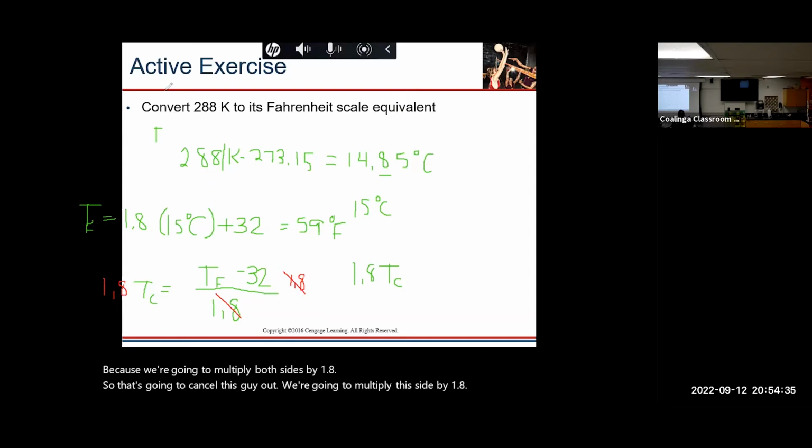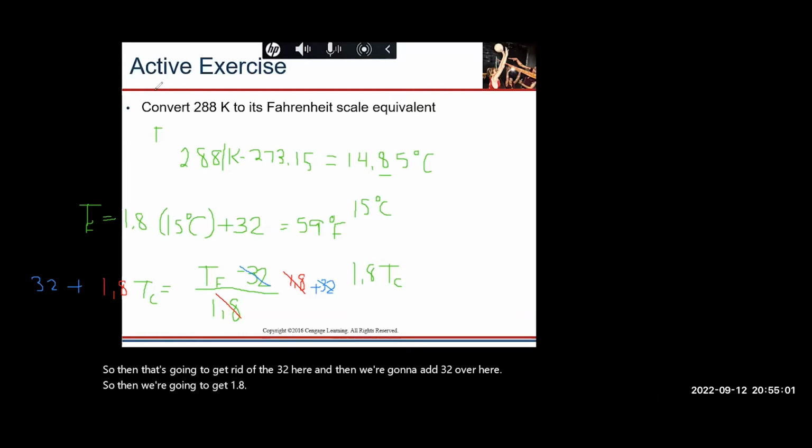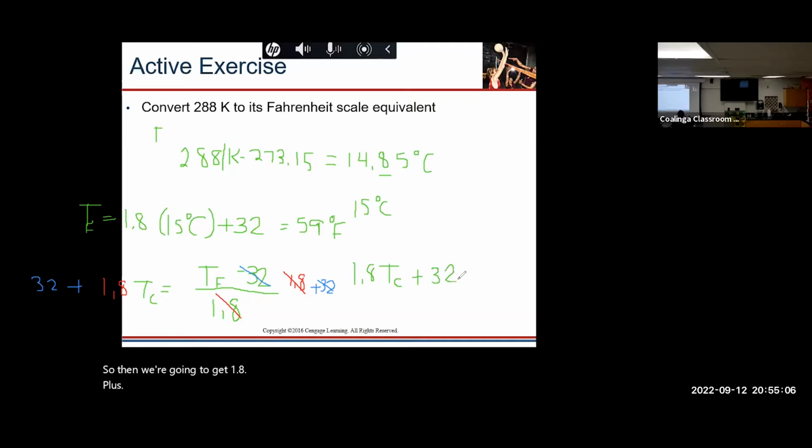Then we're going to add 32 to both sides, which gets rid of the 32 here. So we get TC times 1.8 plus 32, and that's going to equal our TF.